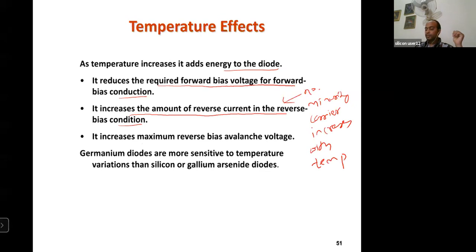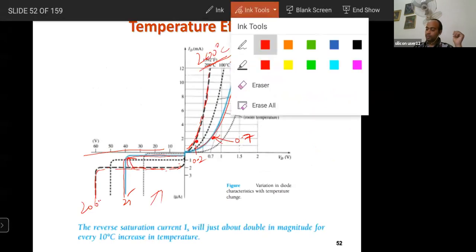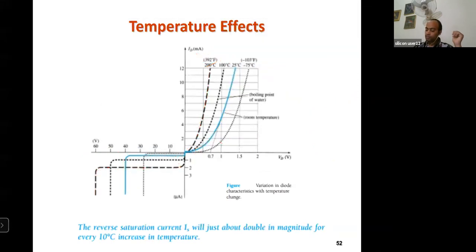Okay, it increases the maximum reverse bias avalanche voltage. ये जो वोल्टेज है, मतलब जिस वोल्टेज में, और इसको क्लियर कर देता हूँ, the voltage at which it breaks down. Okay, so that is also more if the temperature is high. Why? Because when it is 200, तो ज्यादा minority carrier है.